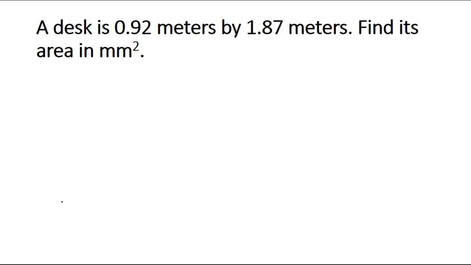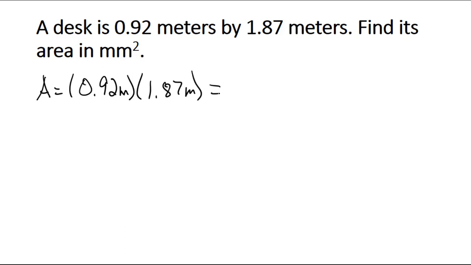The way we set this up, the area is equal to 0.92 m for meters, multiplied by 1.87 meters, and when you do that, you would get 1.7 meters squared.